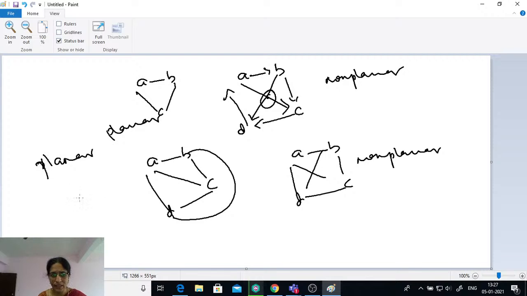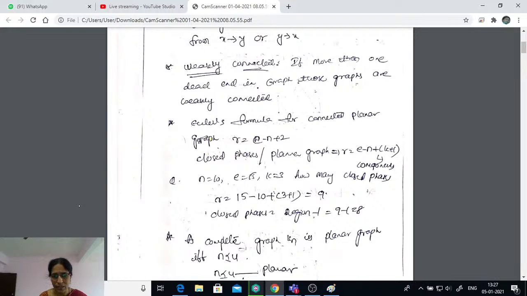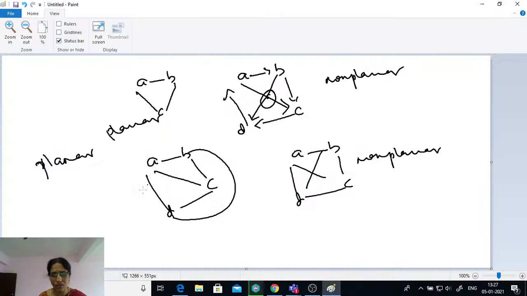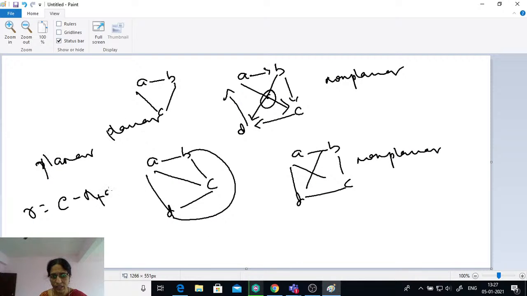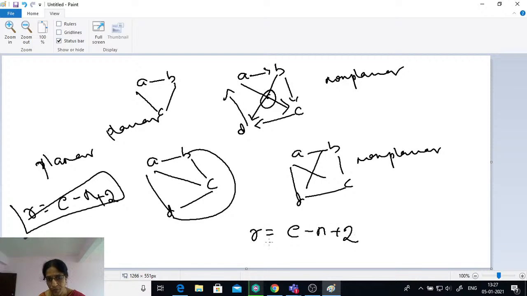In that case, the number of regions is given by the Euler formula: R equals E minus N plus 2. Here R is the number of regions.